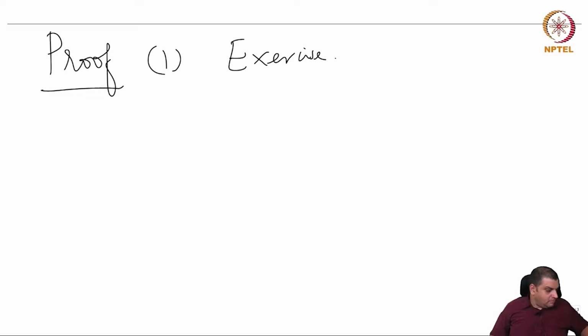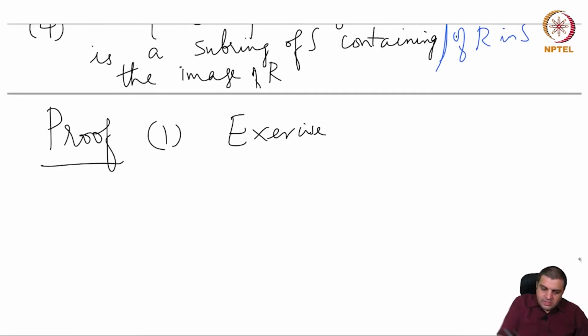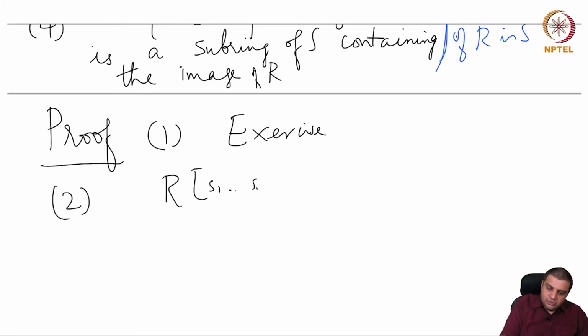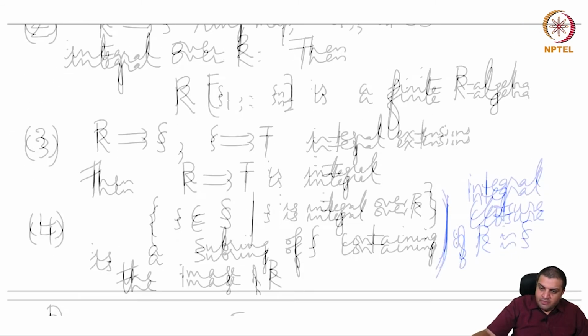So the second one, we want to show that R adjoin s1 through sn is finite. But we can use 1.